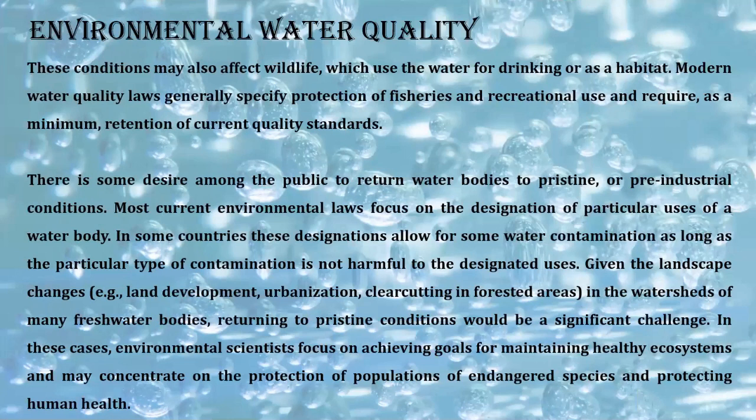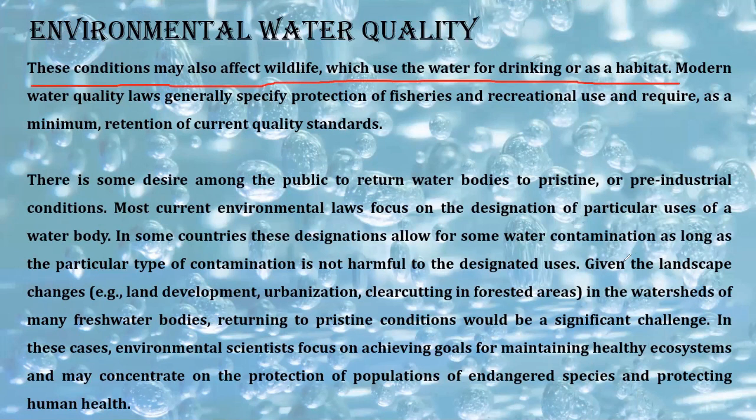Now this is the next slide about the quality of water, and it says that the conditions may also affect wildlife which use the water for drinking and as habitat. See, we are human beings, we are far more evolved, far more developed, so we know which water is good and which water is bad. By testing the water quality, we know that this is good, this is bad.